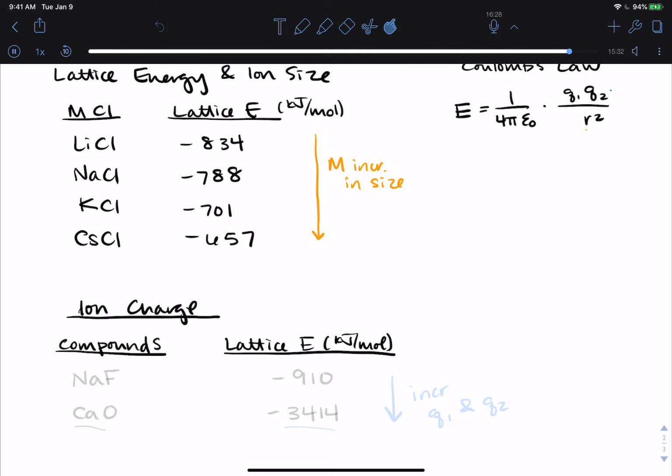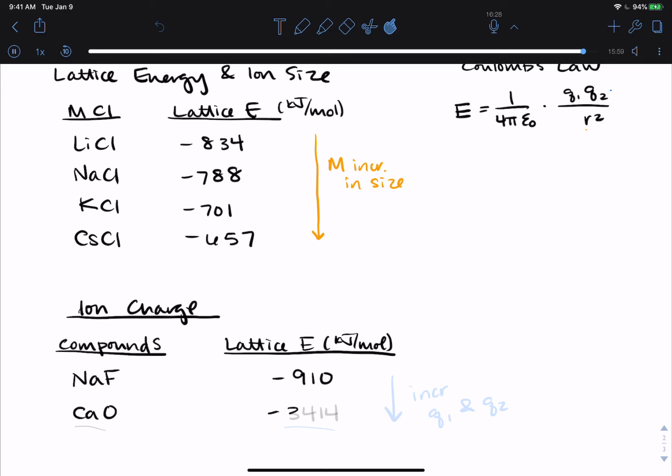And we're going to compare sodium fluoride, so a 1 plus and a 1 minus. We're going to compare it to calcium oxide, so a 2 plus and a 2 minus. The sodium fluoride is negative 910 kilojoules per mole. The calcium oxide, which we're predicting should be bigger, is significantly bigger.